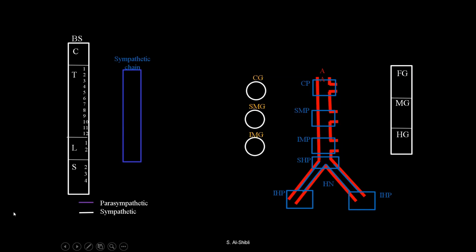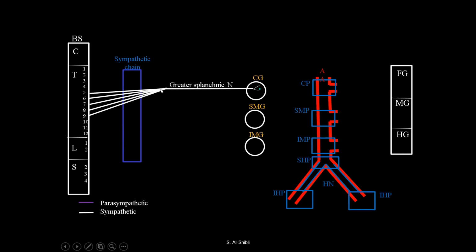Now, let's start our journey with the sympathetic flow to the abdomen. You know, we have what we call the greater splanchnic nerve. The greater splanchnic nerve comes from T5, T6, 7, 8, 9.